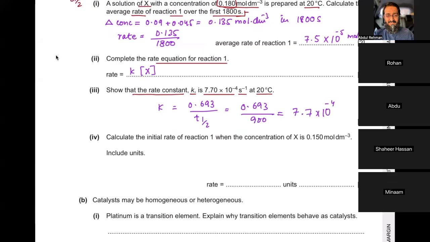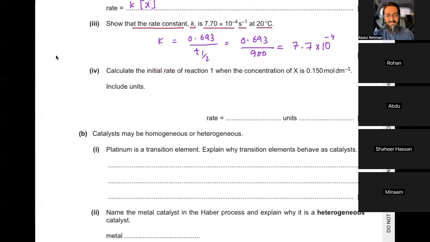And remember, this expression is used for the reactions which have overall order first. Is this clear, Amna? Calculate the initial rate of reaction 1 when the concentration of X is 0.15 mole per dm cube, include units.